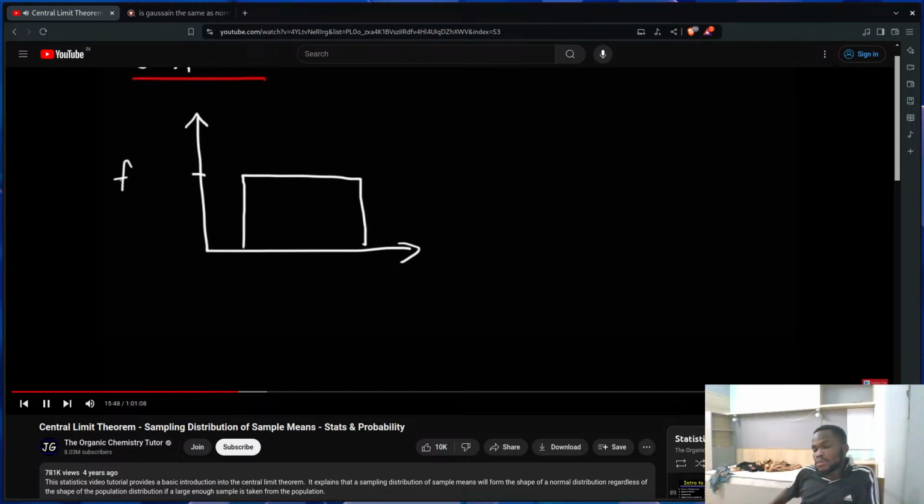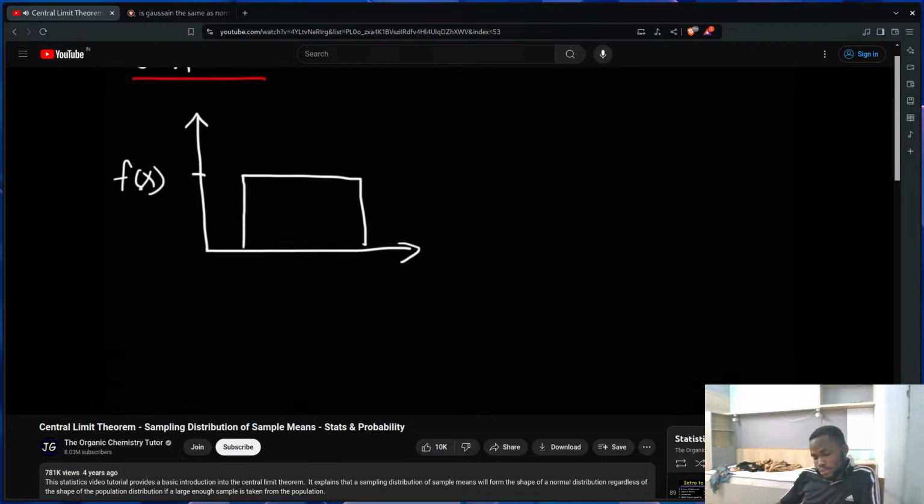The height of the rectangle is basically f of x. F of x is a constant value. F of x is the probability density function, and in this case, it's equal to 1 over b minus a. X is restricted between a and b.